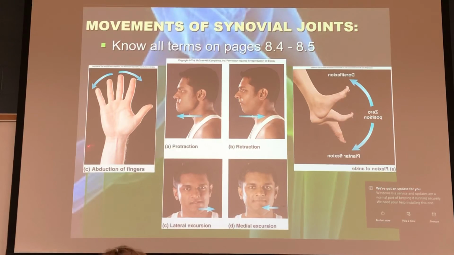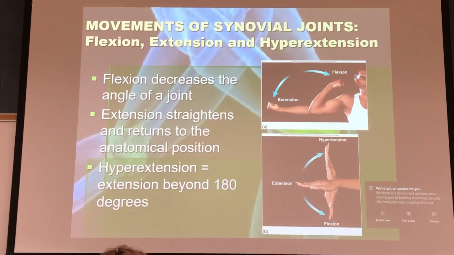That would be abduction. What about this one? Here's a good one. Nodding yes. When you see that question, you think of maybe flexion and extension. You guys getting it? That's the kind of question I'm asking.